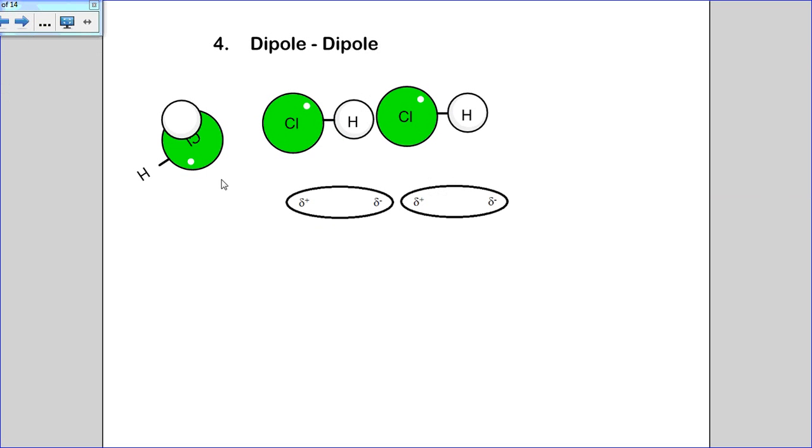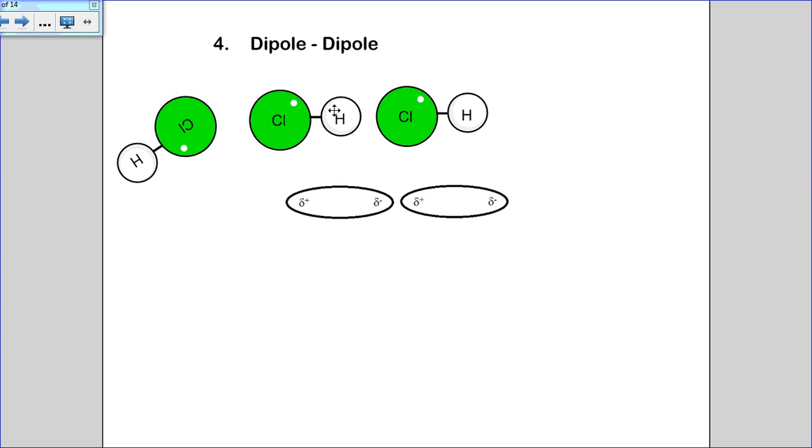Now, another example which we could have is a dipole-dipole structure. This one will be easier to work out, because we have HCl. HCl, we know, is a polar molecule where the chlorine has a higher electronegativity than the hydrogen, so the electrons are more in the vicinity of the chlorine. The chlorine side is slightly negative and the hydrogen side is slightly positive.